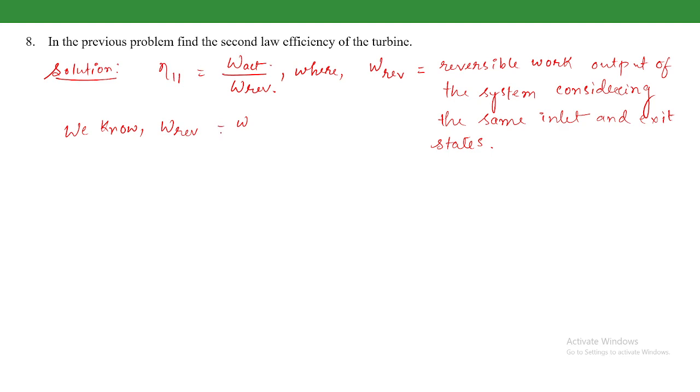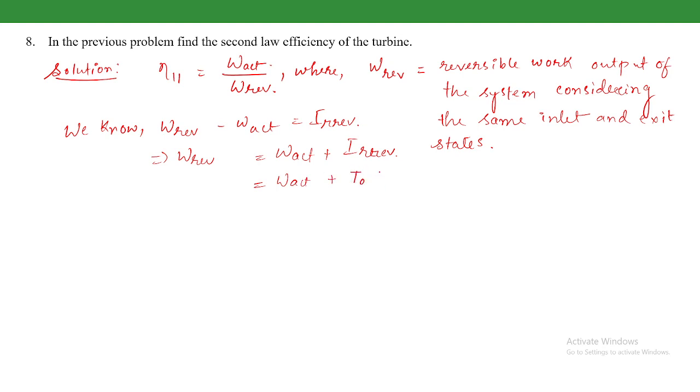Actually W reversible minus W actual is the irreversibility. Okay, so W reversible is W actual plus irreversibility. And what is the irreversibility?